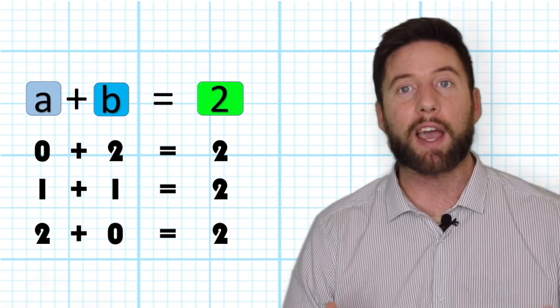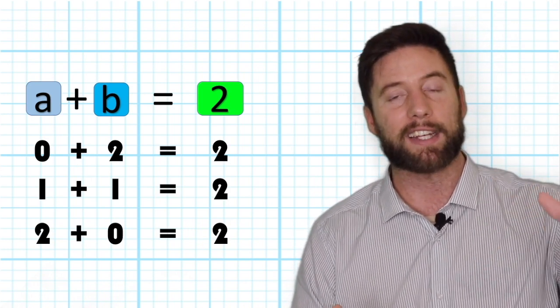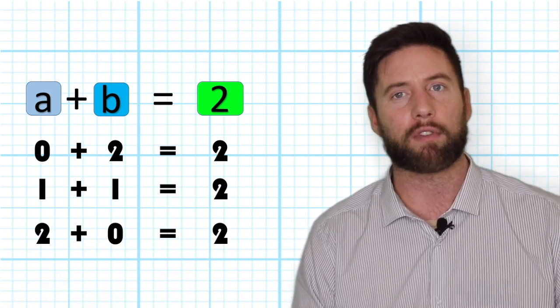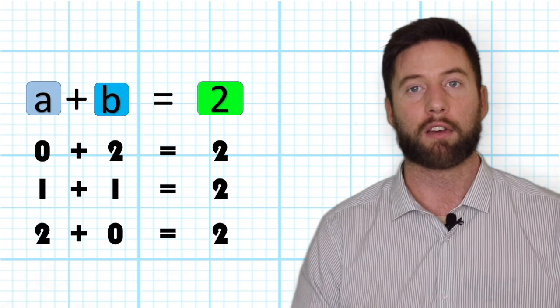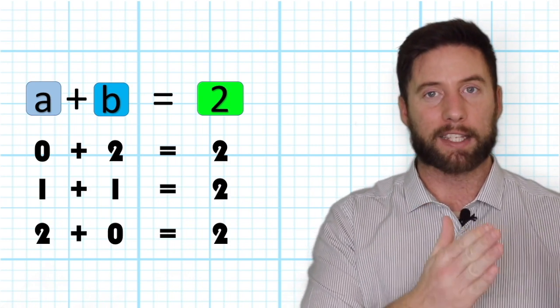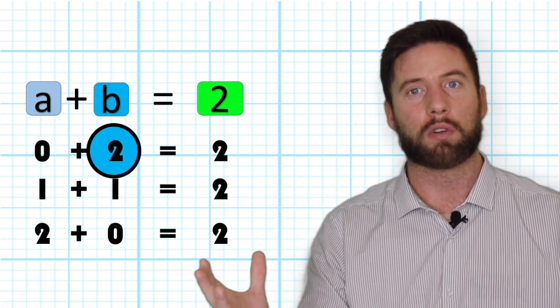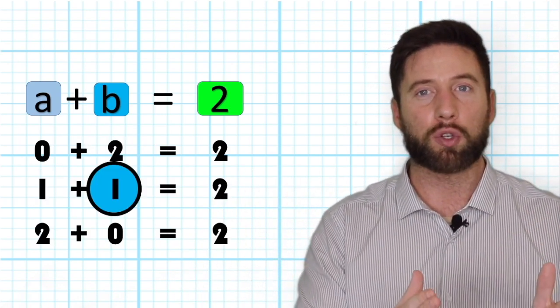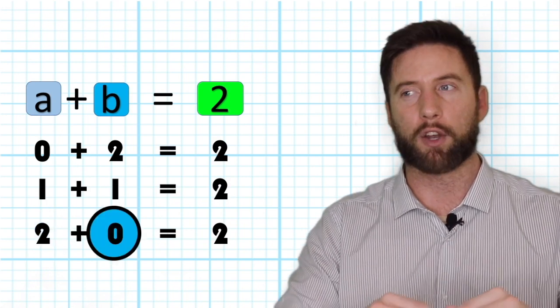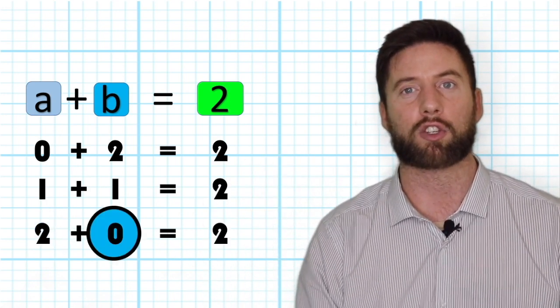And that brings us on to something else that's really important. Did you notice that each symbol could be represented with a different value, depending on what the other symbol was representing? For example, if A is 0, then B has to be 2. If A is 1, then B has to be 1. And if A is 2, then B has to be 0 in order for the equation to be balanced and to be equal.